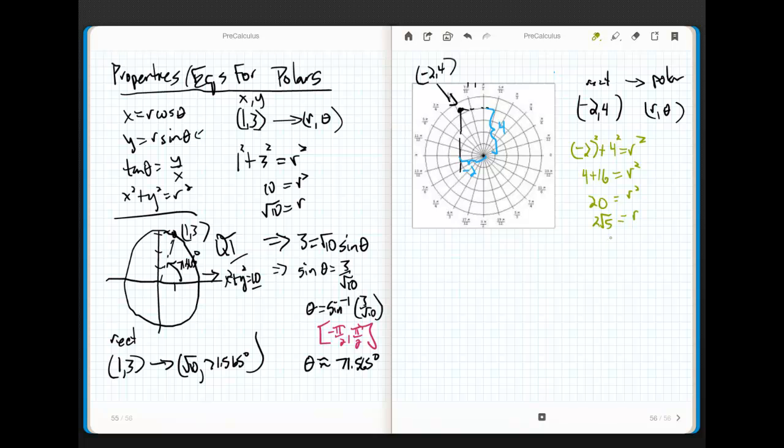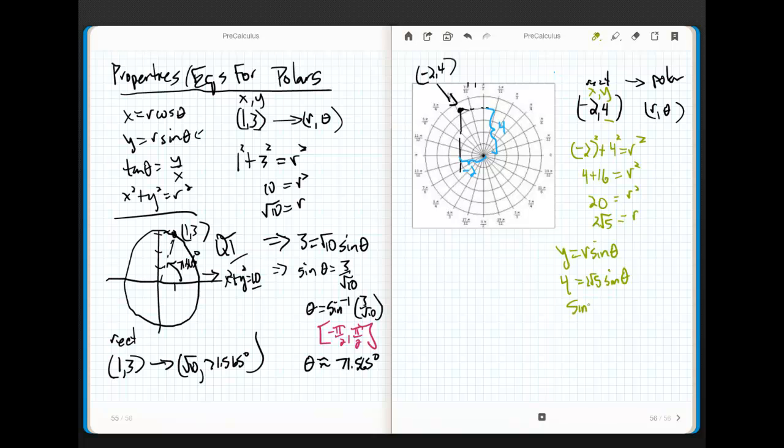Sweet. Now all I got to do is come up with theta. Well, let's use sine again and watch what happens, because this can be really instructive. Well, I know that y equals r sine of theta. I've already got a y value. Remember, this is x comma y. So I know that 4 is equal to r, which is 2 root 5, times the sine of theta.